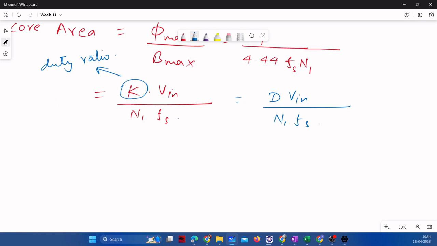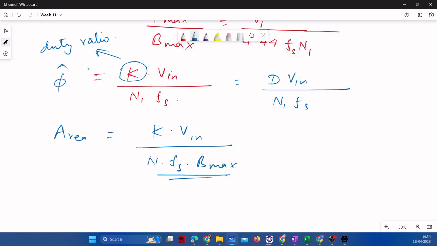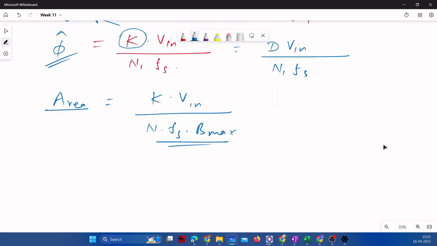So this was the peak flux, right? Now if you plug in the core area expression, you will get K into V in into N into Fs into Bmax. Because the peak flux will be Bmax into area, I just brought back the Bmax here. And anyway, Bmax is an important parameter to decide the material.